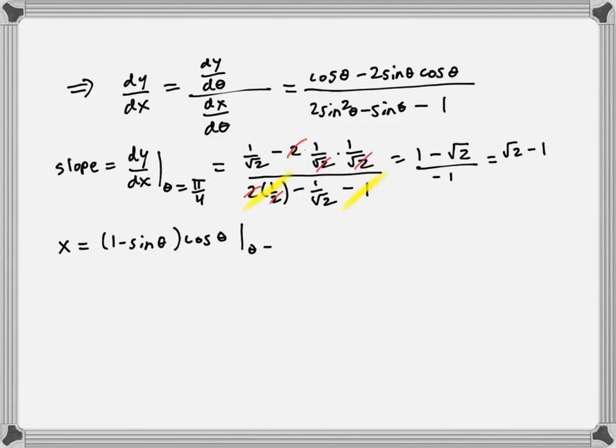So if we plug in theta equals pi over 4, what do we get for our x coordinate? We end up with 1 minus 1 over root 2 times 1 over root 2. So x is going to be 1 over root 2 minus a half.